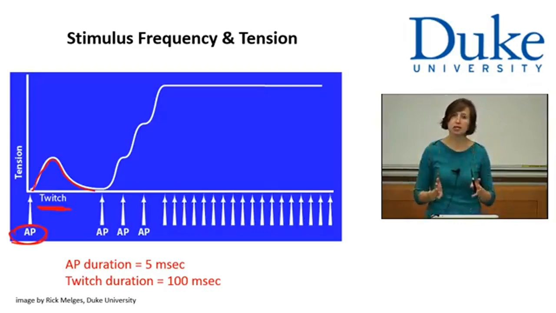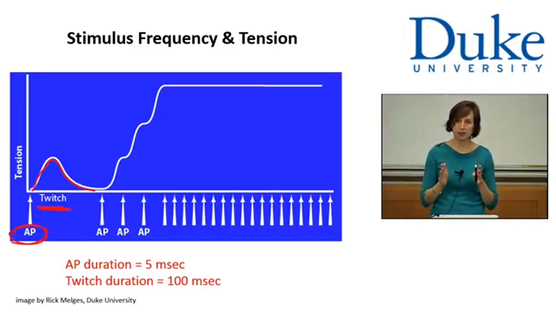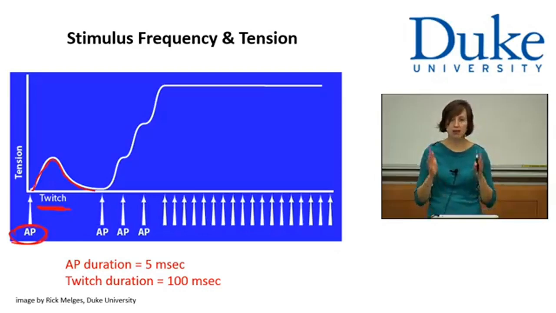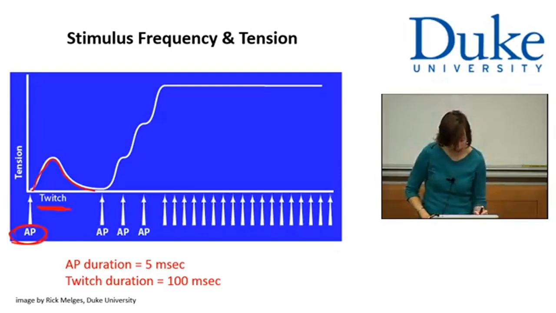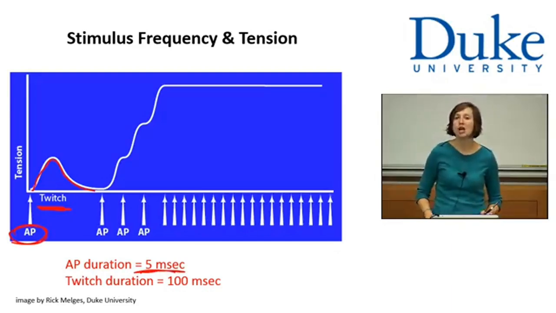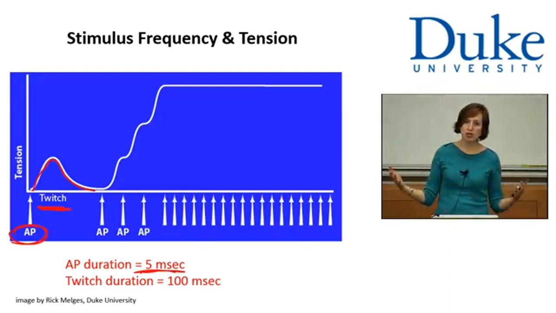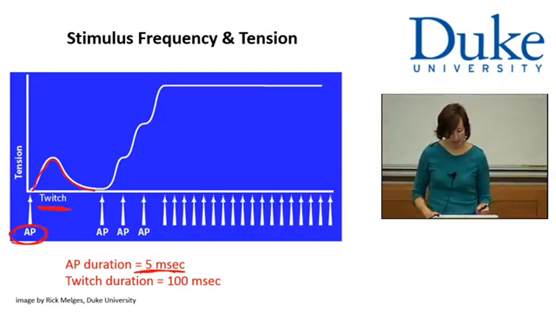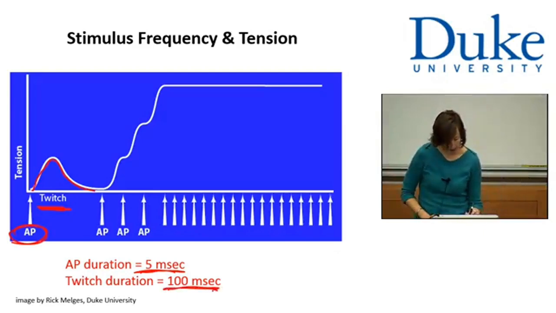Even when you consider the inactivation, the refractory period of the sodium voltage-gated channels, the action potential in skeletal muscle is very rapid, about 5 milliseconds. Whereas our twitch is going to be about 100 milliseconds.